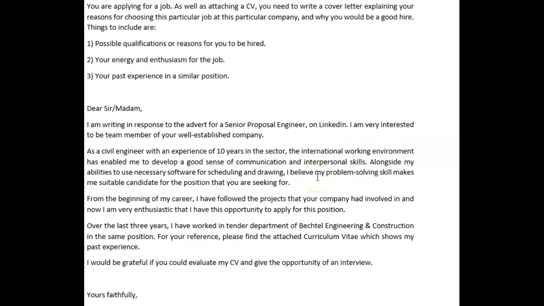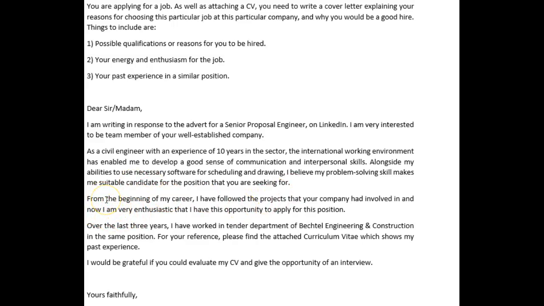Along with my abilities to use necessary software for scheduling and drawing, I believe my problem-solving skills, it's plural, it's never just one skill, makes me a suitable candidate for the position that you are seeking. No, you're not seeking for a position. You are seeking to fill a position. So that would have been better. Makes me a suitable candidate for the position you are seeking to fill. That would work.